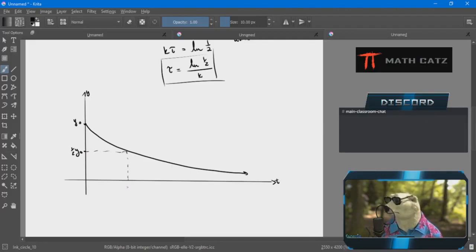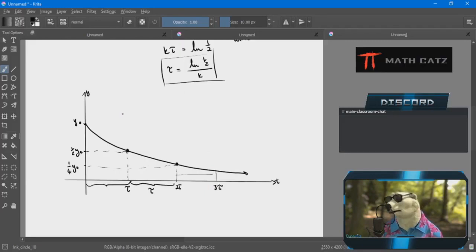It's going to take some time period, which we'll call the half-life tau. From this point, to get to half of what I had at that point, which would then be a quarter y0, takes another tau, and so on and so on.